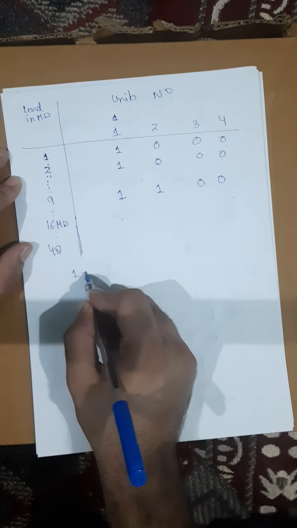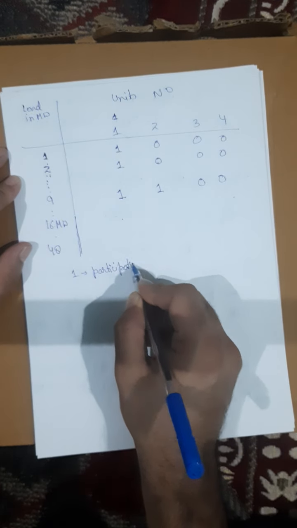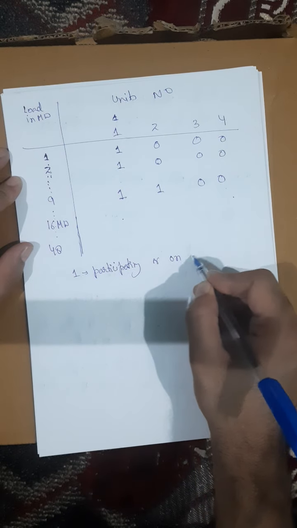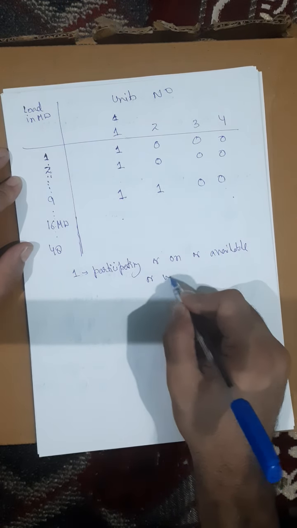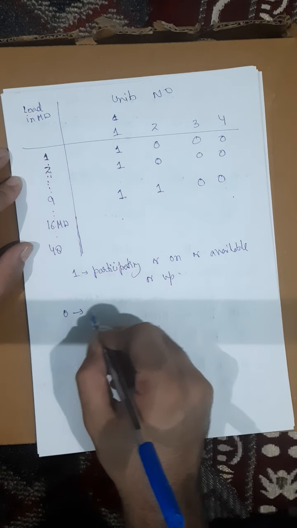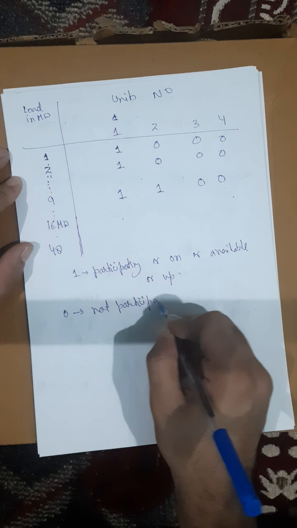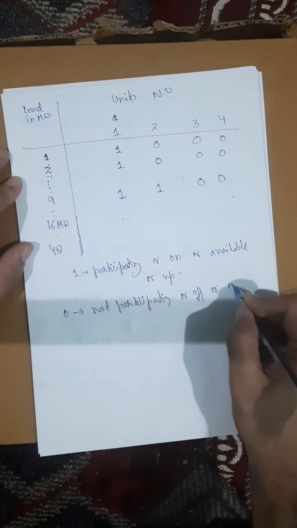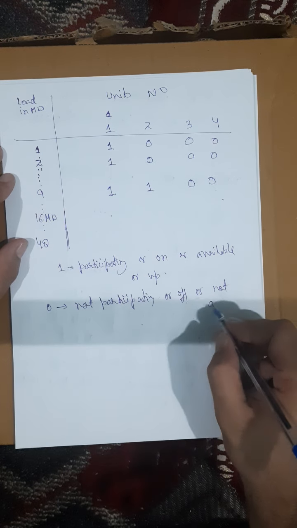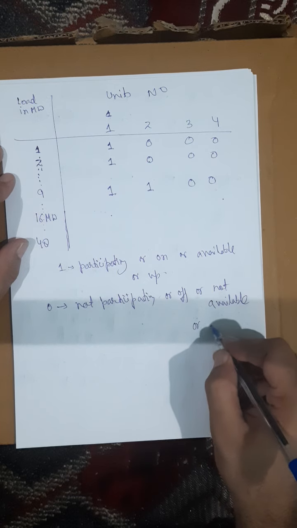One means participating, or on, or available, or up. 0 means not participating, or it is off, or not available, or it is low.